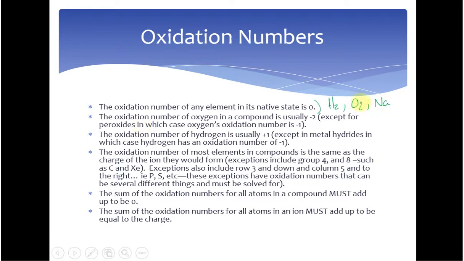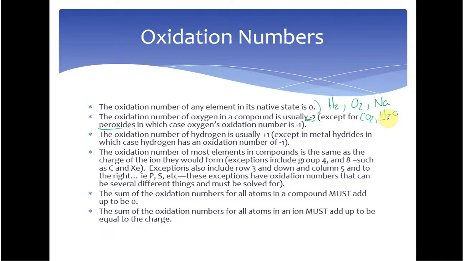If oxygen is in any compound, whether it's CO2 or water or something, it's always going to have an oxidation state of -2. It does change in the presence of a peroxide, and then it would be -1. The oxidation state of hydrogen in a compound, like in water, is +1, unless it's in a metal hydride, in which case it's -1.